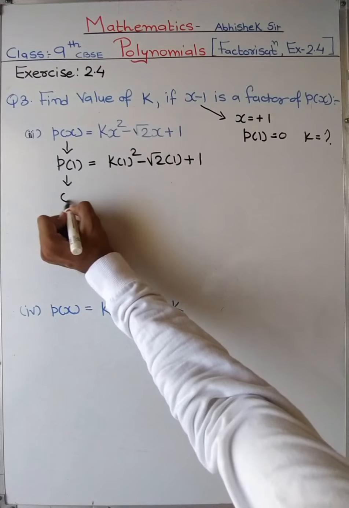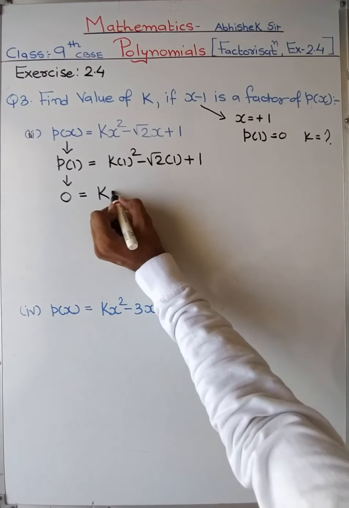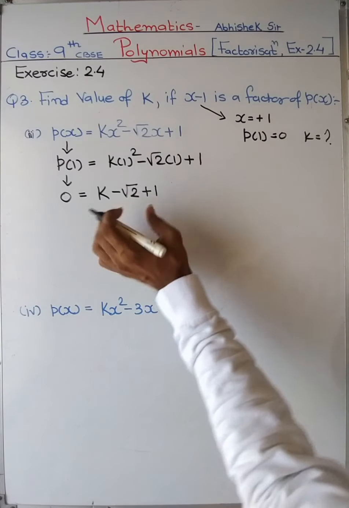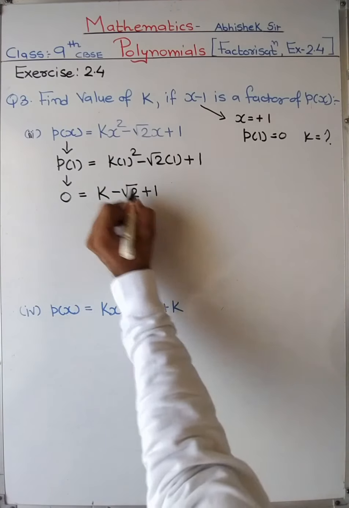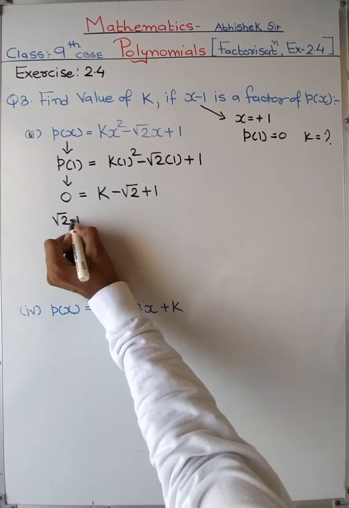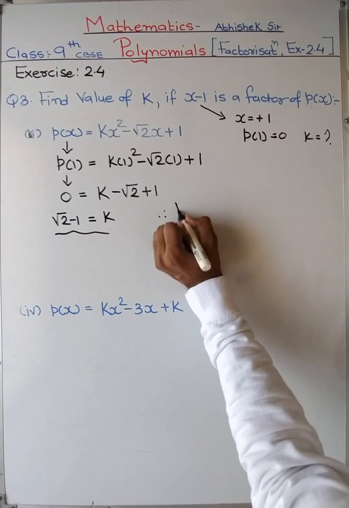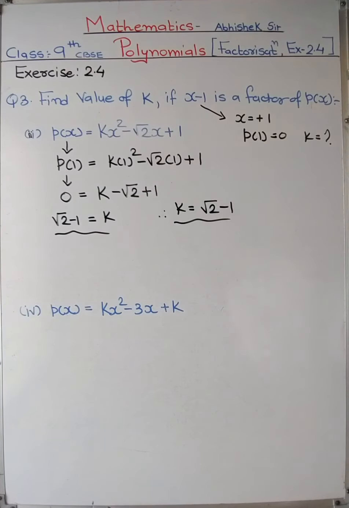P of 1 will become 0. So that will be k into 1 square k, minus root 2 into 1 is root 2 and plus 1. Take everything except k on the other side. So minus root 2 becomes plus root 2, plus 1 becomes minus 1 and that is the value of k remaining. So k value is root 2 minus 1.